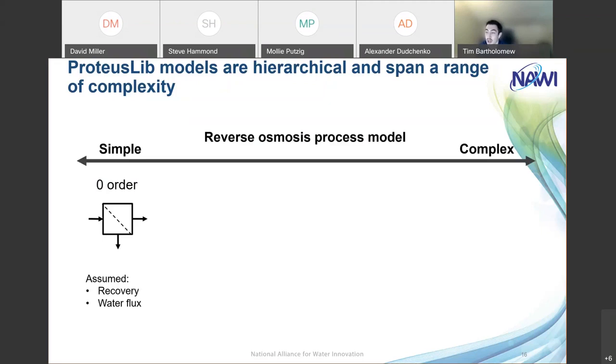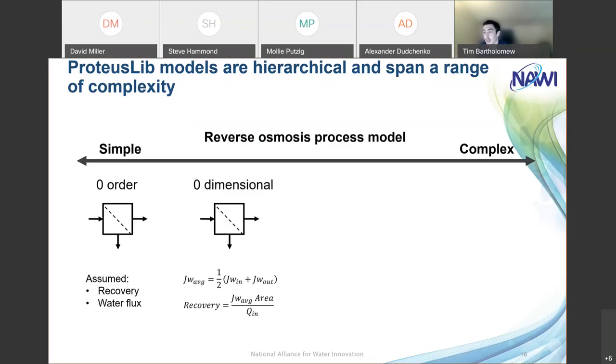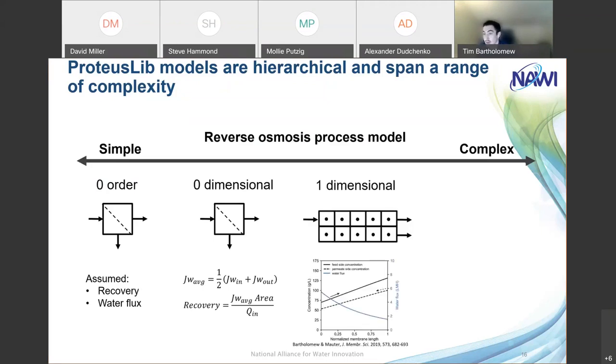It's not physics-based, and it assumes the performance, like the recovery or water flux. Zero-dimensional models are physics-based, and they can estimate the water flux, but they take significant simplifications, like assuming that the average water flux can be based on an estimated water flux at the inlet and at the outlet, and then that can be used to estimate the water recovery.